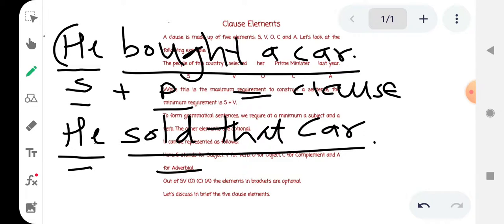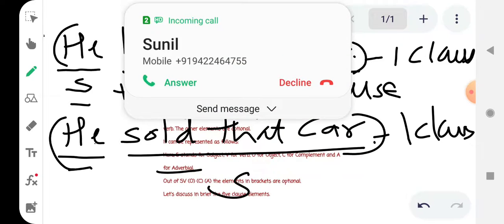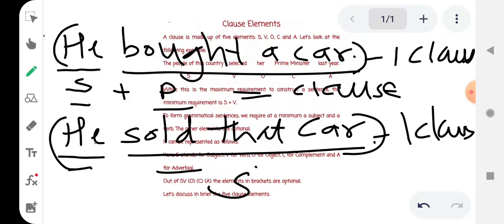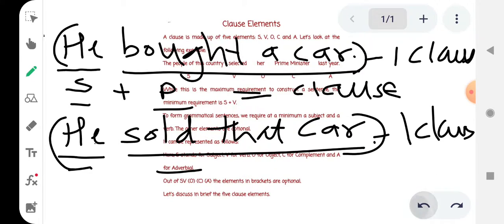This is a single clause and this is another single clause. So these are one clause sentences. That's why these are simple sentences. Now we can combine both the sentences together.